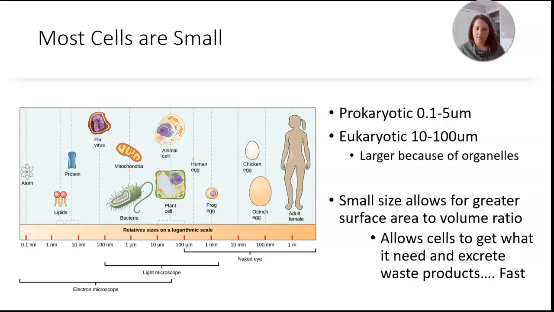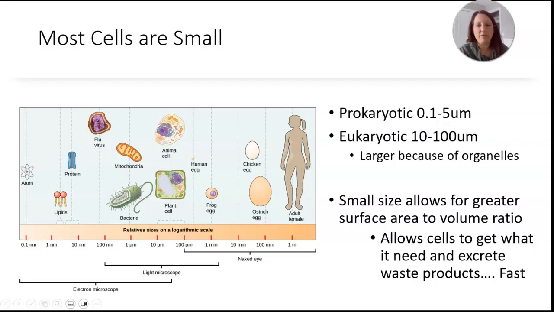Okay, and then I just wanted to spend a few minutes talking about cell size. So whether we're talking about prokaryotes or eukaryotes, cells are relatively small usually. Usually we need a microscope to see them. However, eukaryotic cells are a bit larger, and that's because eukaryotes have organelles that compartmentalize things and make it easier for cells with surface to volume ratio.